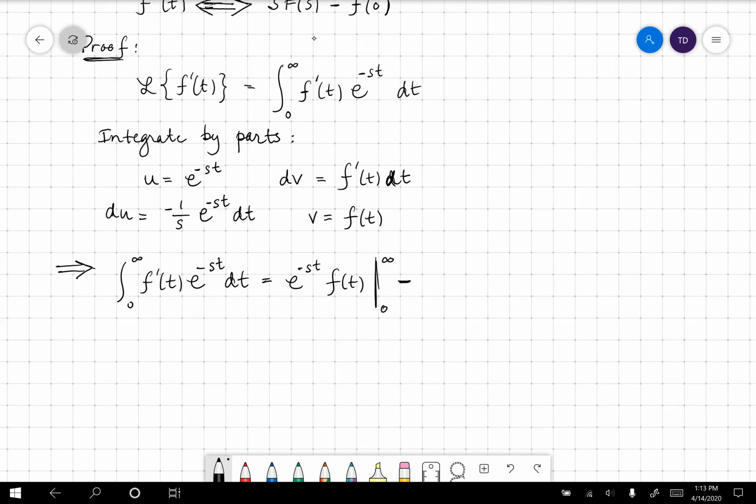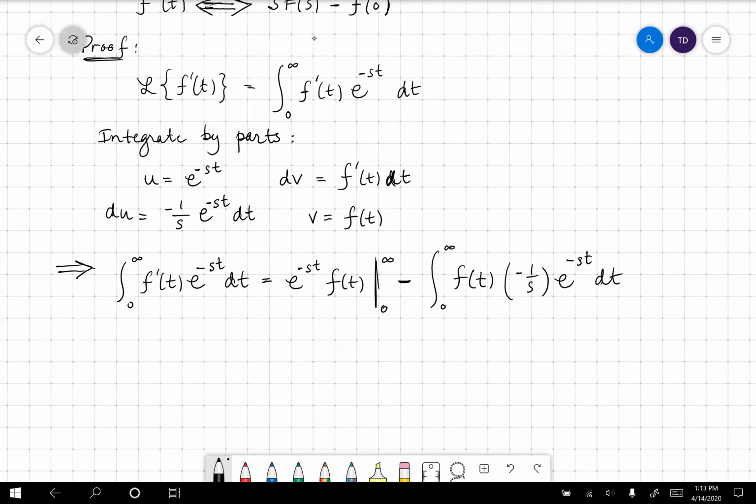So the integral from 0 to infinity of f of t times du, and du is minus 1 over s e to the minus st dt.